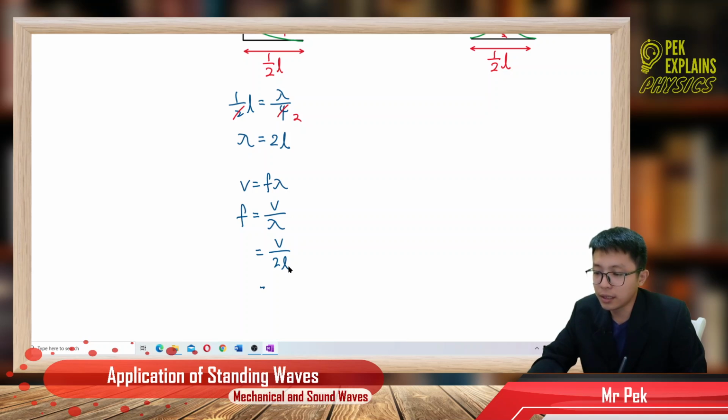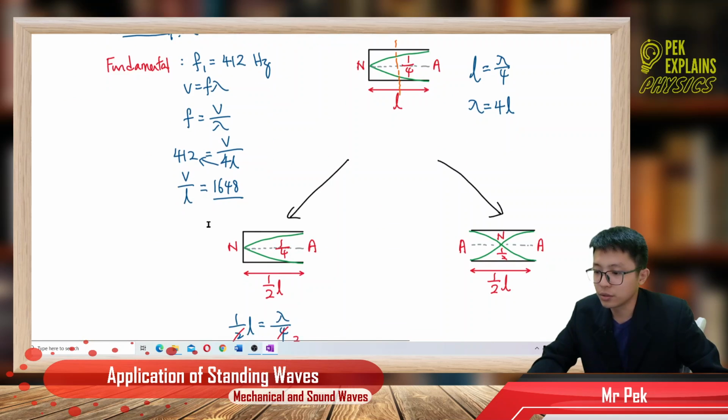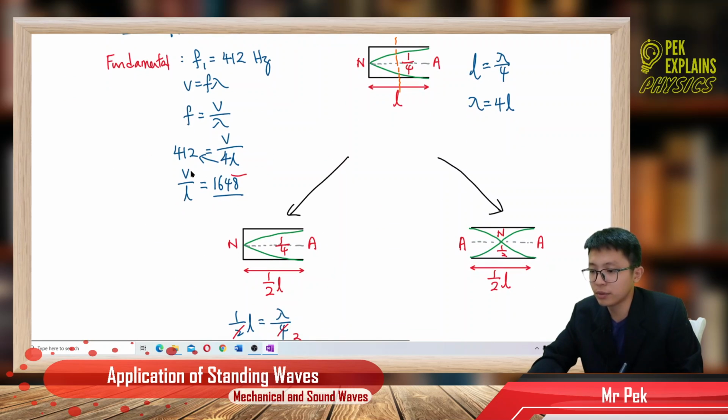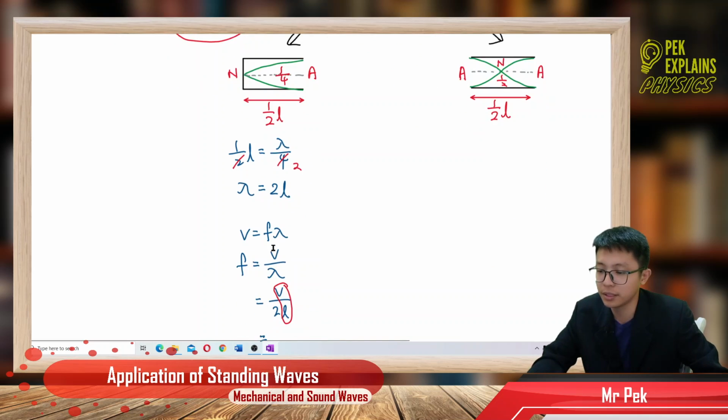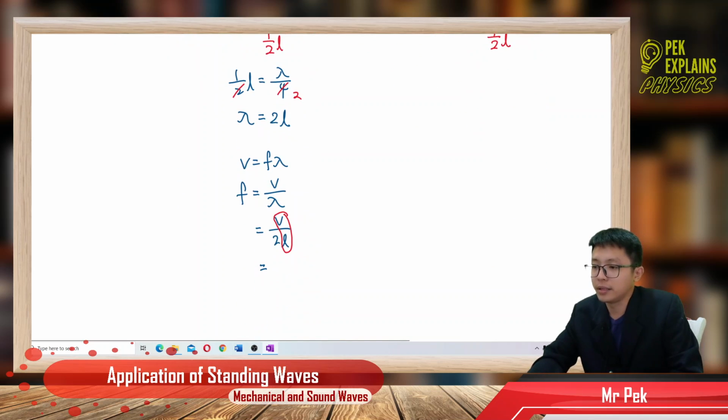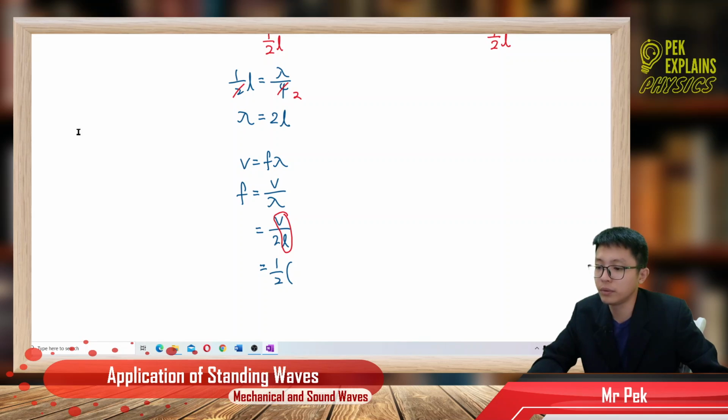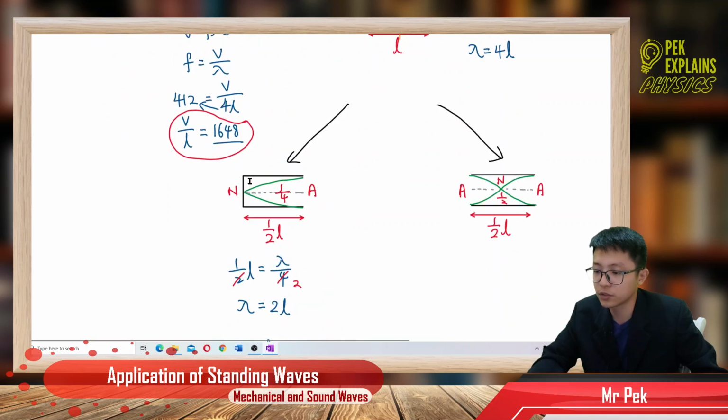Here I got the ratio V over L, which I can utilize from before. Half times V over L, and V over L is 1648.